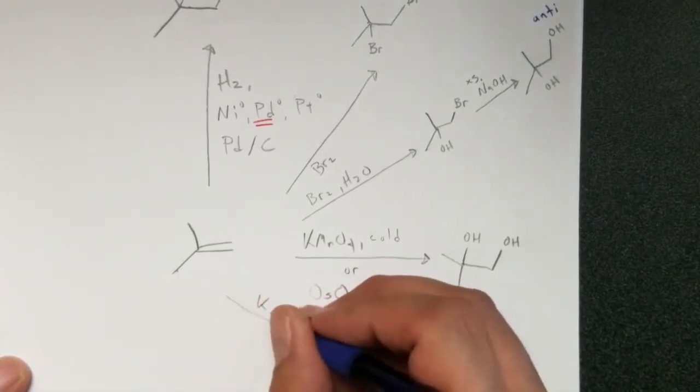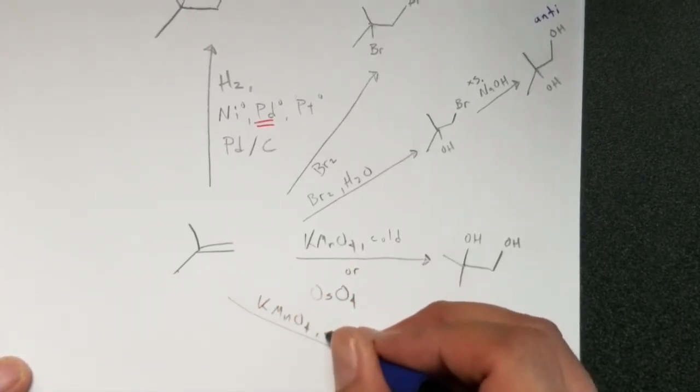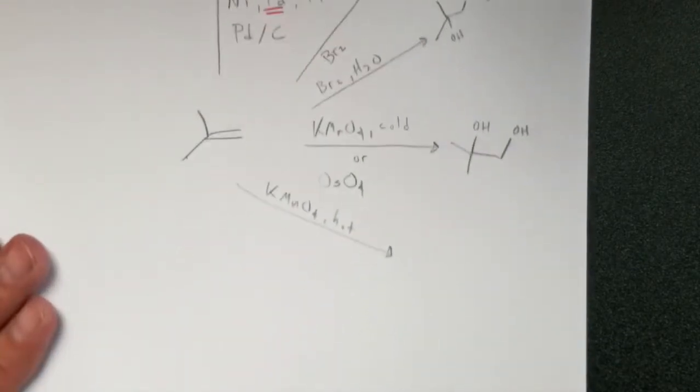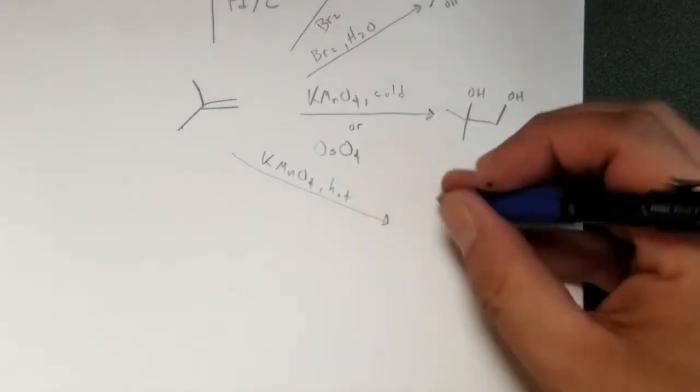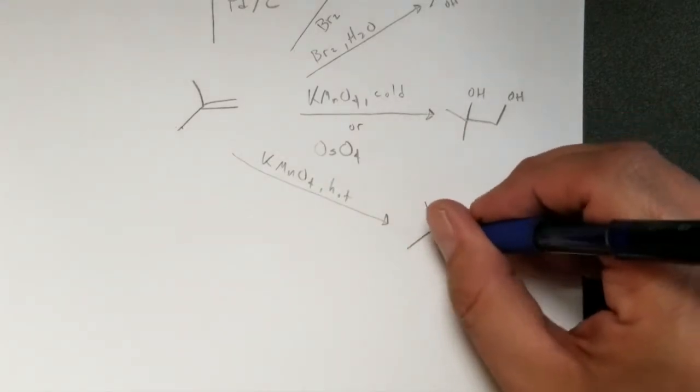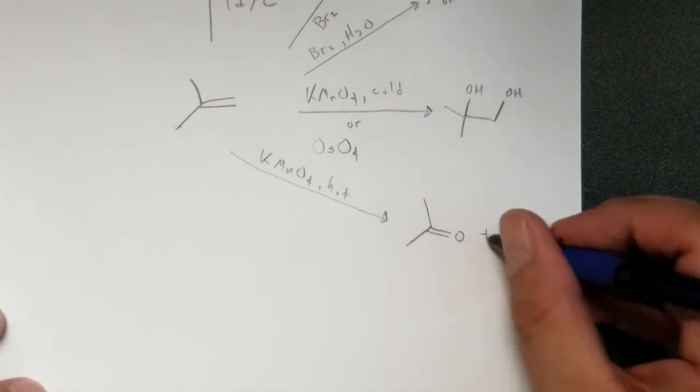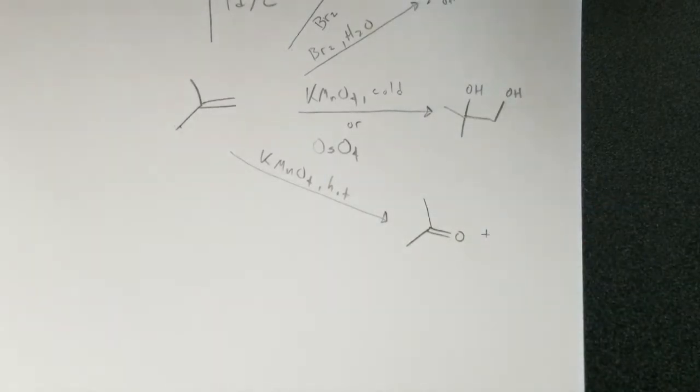So here I'm going to say KMnO4, hot. Yep, this is oxidative cleavage. So here we're going to get that. And what is my other product? Carbon dioxide.